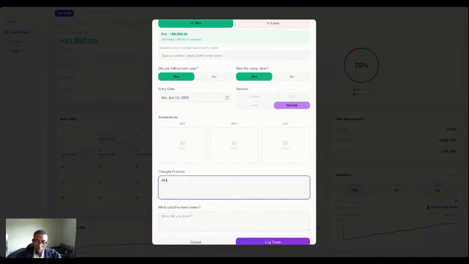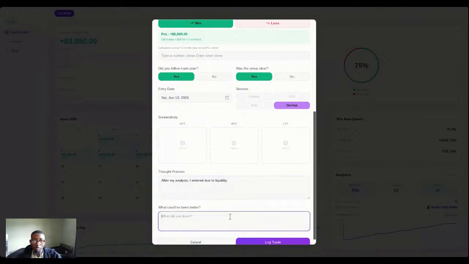After my analysis, I entered due to liquidity. What could have been better? Honestly, nothing. This was a sniper entry.